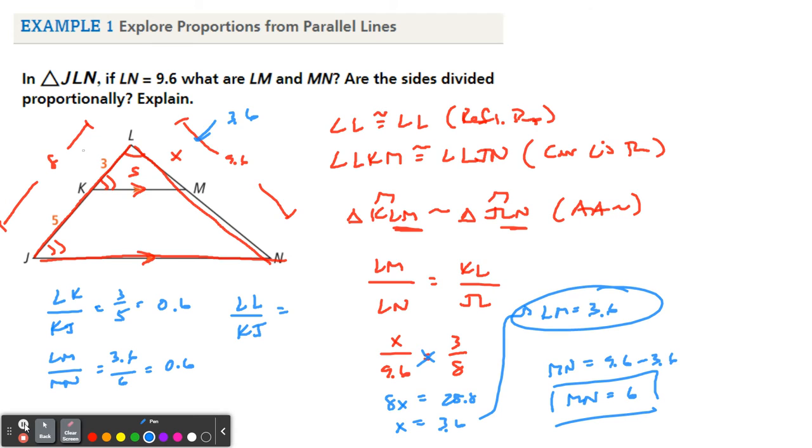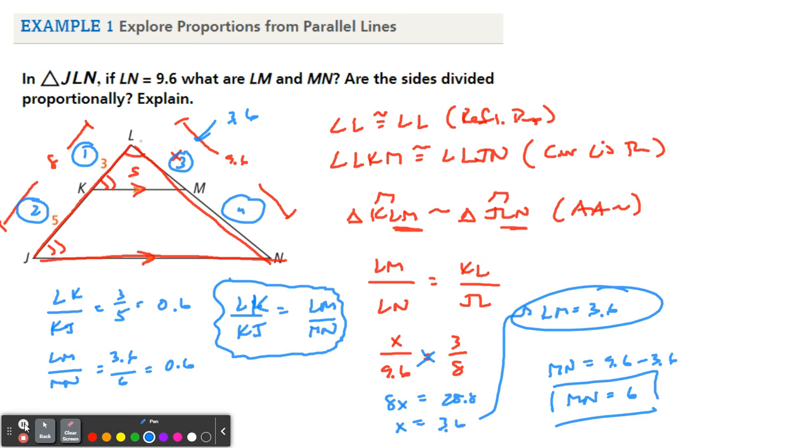These two sides, segment 1, segment 2, is equal to LM over MN, segment 3 and segment 4, right? This is a big idea because instead of needing to know the entire length of the triangle, we can just use the parts. And all we knew was that these two segments were parallel, right?